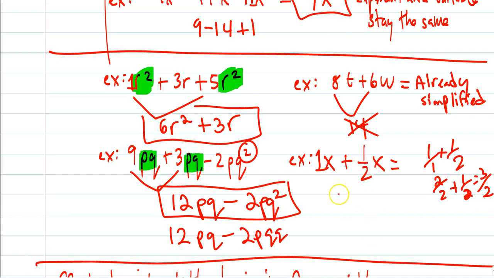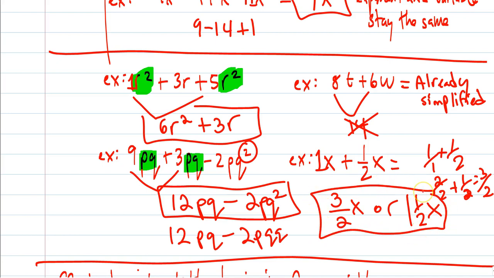So I would accept 3 over 2x, or if you divide the 2 in there, you could get 1 and 1/2 x. By the way, that should make sense, that 1x plus half an x gives us 1.5 x. Do not change the exponent, just combine the coefficients.